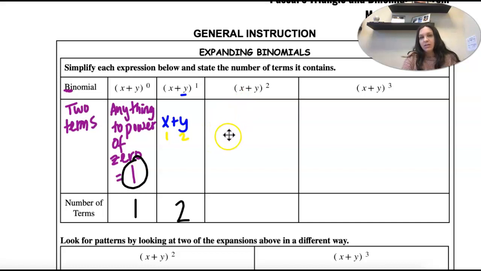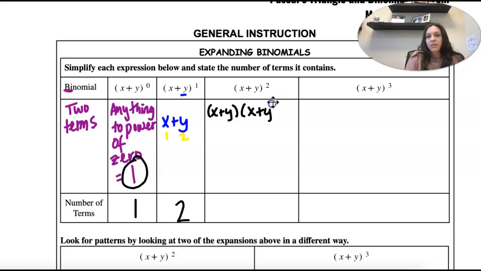Okay, x plus y squared. So this is when it takes a little longer. Remember when you square something, you multiply it by itself. So x plus y squared would be x times x, which is x squared. X times y, which is xy. Y times x, doesn't matter what order we write it, it's still xy.